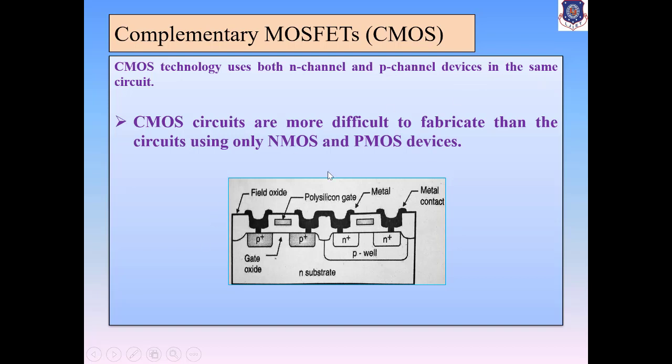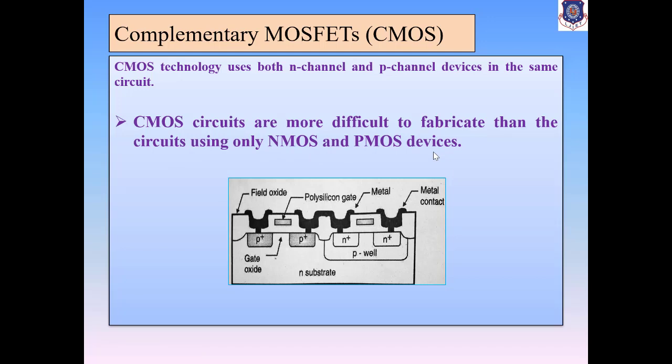Actually, the circuit and cross-section of construction will have the combination of N-channel and P-channel devices. CMOS circuits are more difficult to fabricate than circuits using only NMOS or PMOS devices.